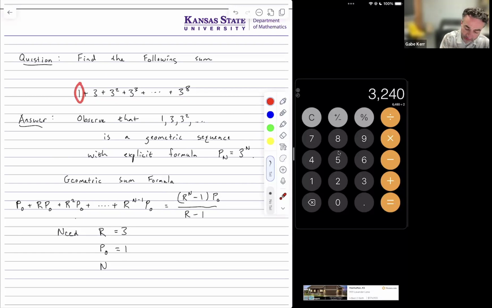This is my first term, my second, my third, fourth. What you'll see is that the exponents are one behind. So first term, second, third, fourth, ninth term. Let's write it all out, that way we don't feel like we're missing something.